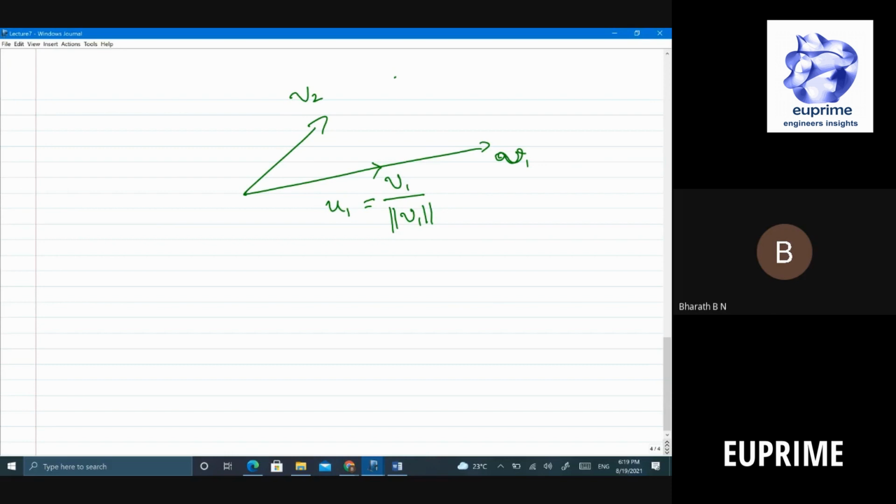How do you come up with the orthogonal vector? Suppose by some means, let's say, I could get this. What is this? How do you find this? Projection, right? So what is projection? Well, I haven't taught you what projection is.